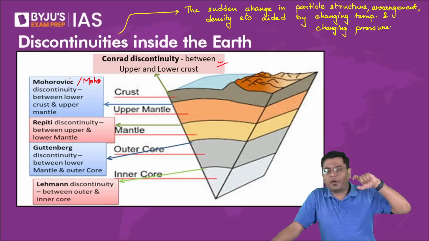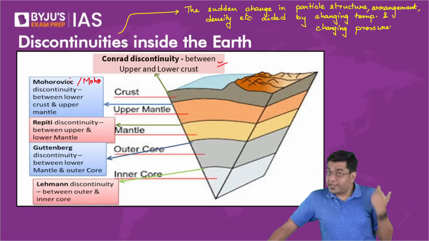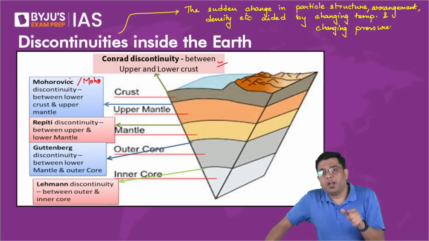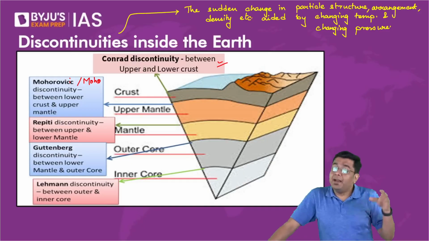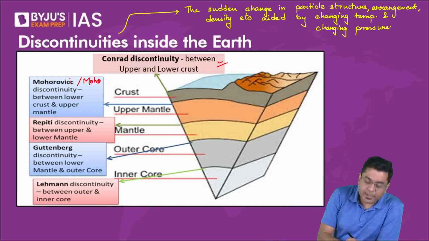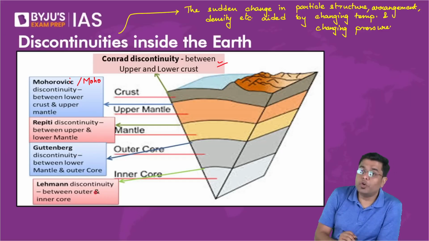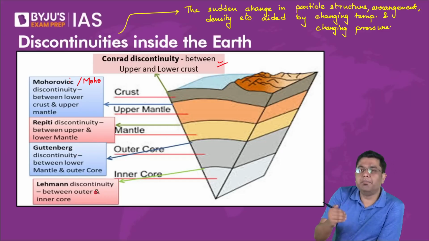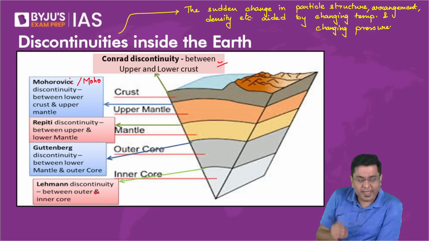So whenever you come across the term Moho, it stands for Mohorovičić discontinuity, and that differentiates the crust and the mantle. Then you have the Repeti between the upper and the inner mantle, the Gutenberg differentiating the mantle and the core, and the Lehman discontinuity differentiating the outer core and the inner core.